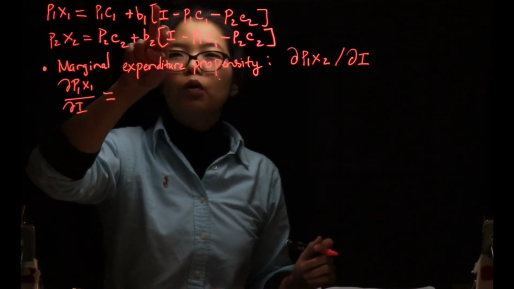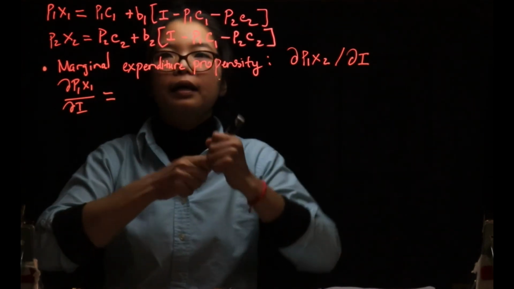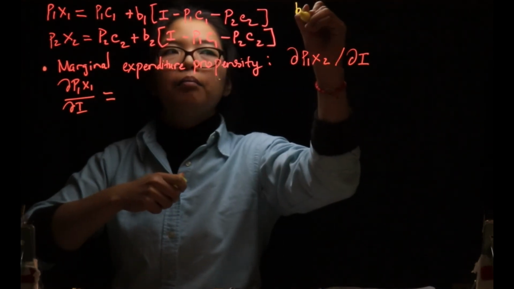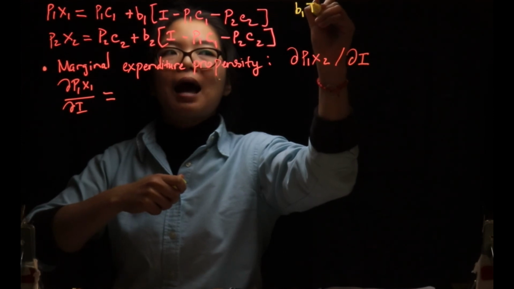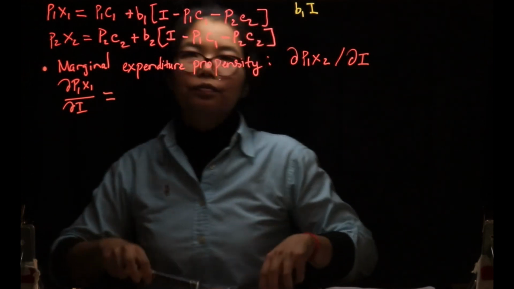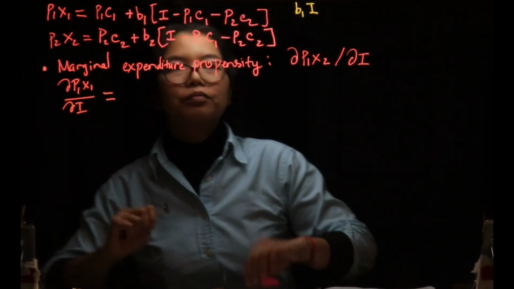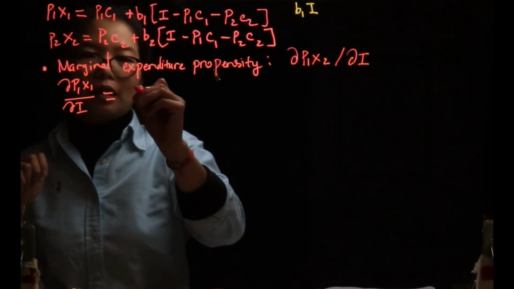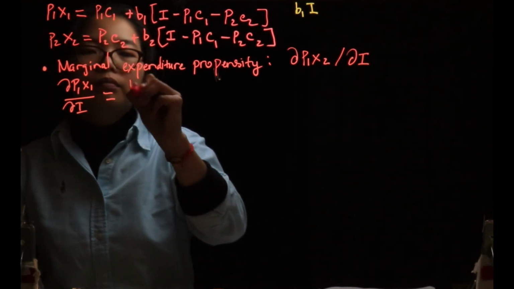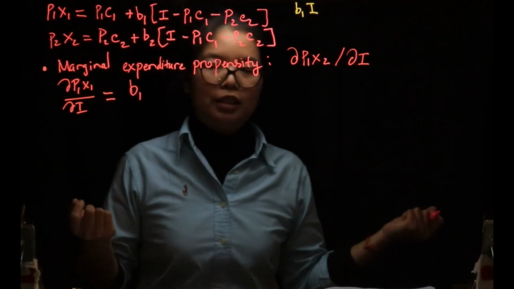So it's only one place where income is involved, and that would be something like B1 times I, right? The whole term, but only I over there. So your derivative is actually simple. B1. So it's a constant.